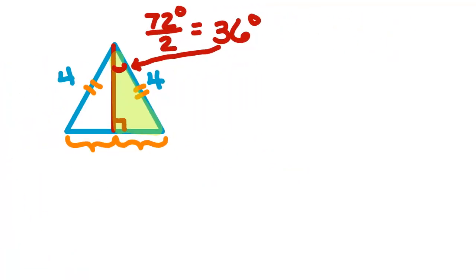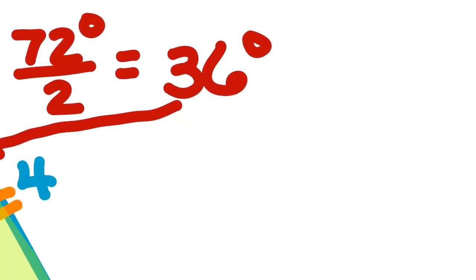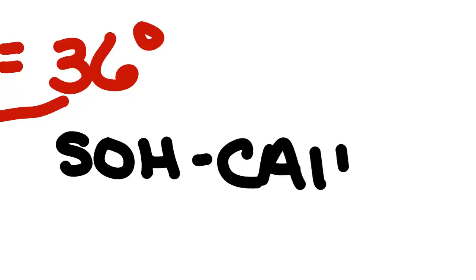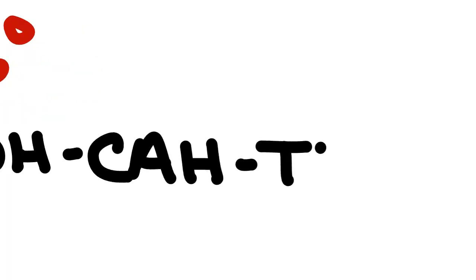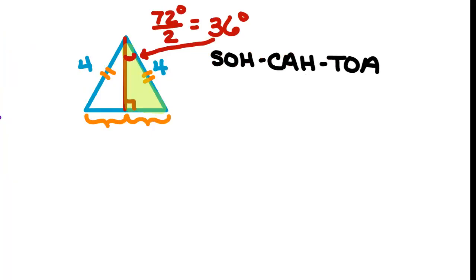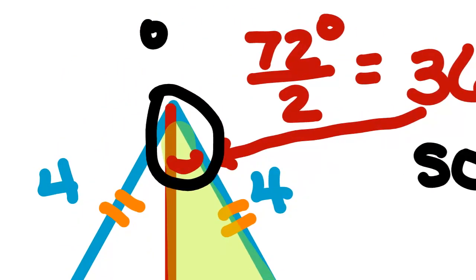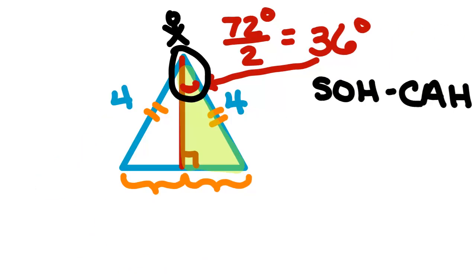We're going to use right triangle trigonometry. Do you guys remember SOHCAHTOA? Yes. So using SOHCAHTOA, I'm going to stand up at this angle up here. And I'm going to label my sides.